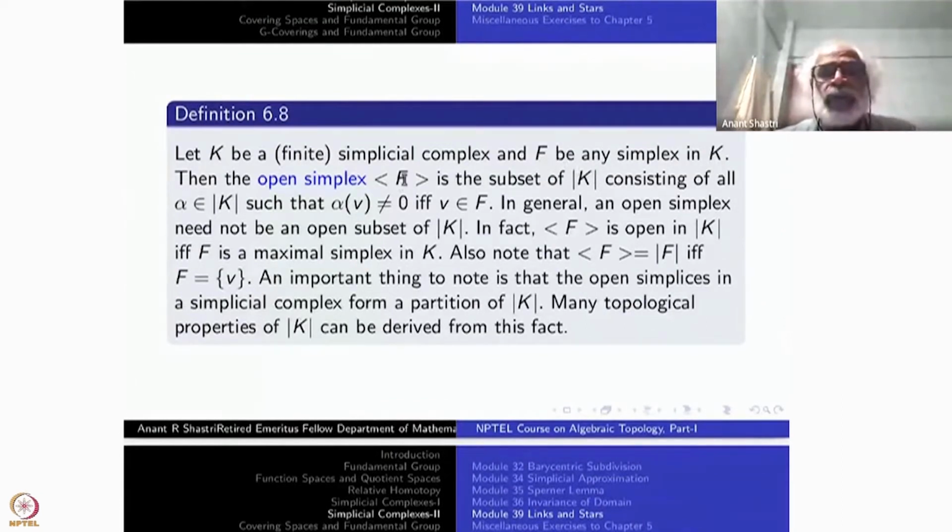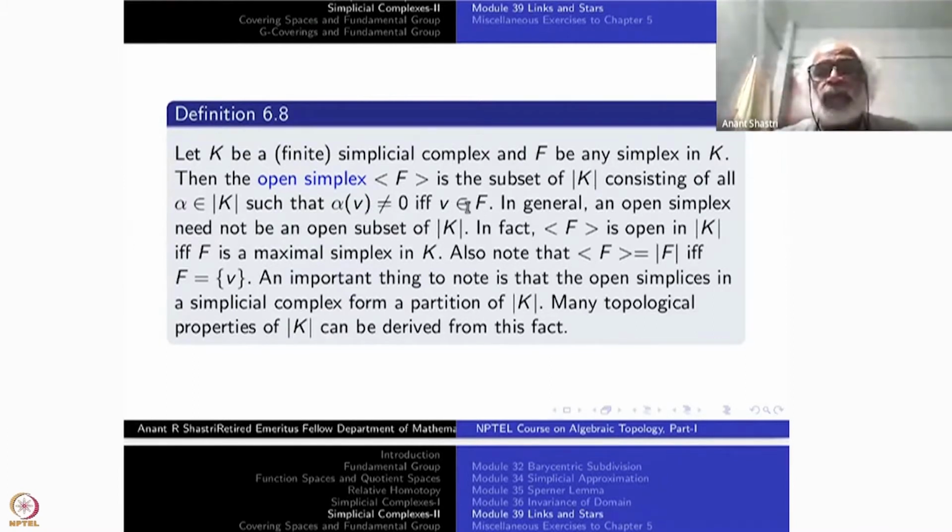Recall, we have already defined this open simplex to be the subset of mod K, which consists of all alpha in mod K with alpha v not equal to 0 for every point v inside F, and conversely.